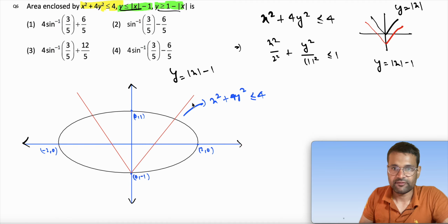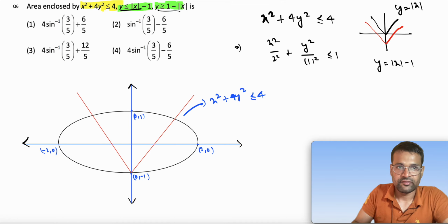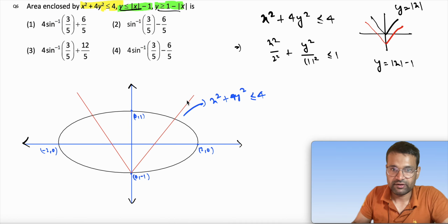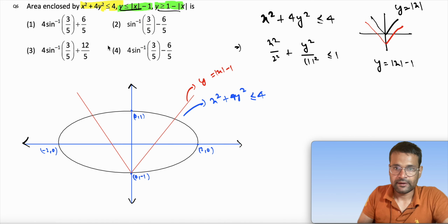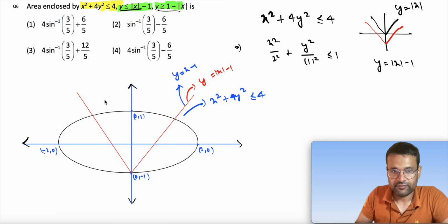Okay, this is the graph of y equal to mod x minus 1. We write it with a red color so that confusion will be less. Now the equation of the line is y equals x minus 1, and this one was y equals minus x minus 1.